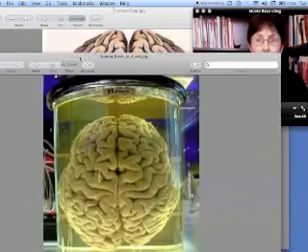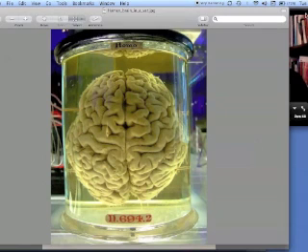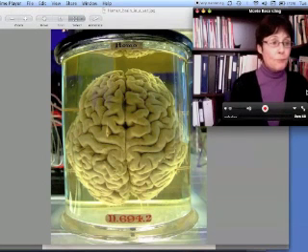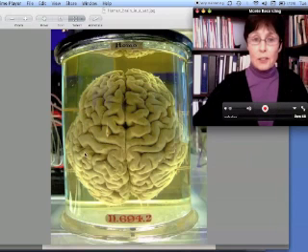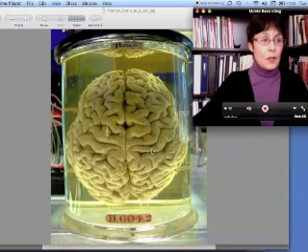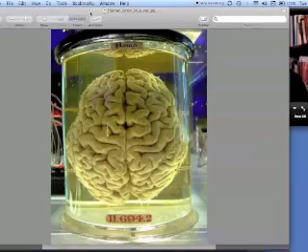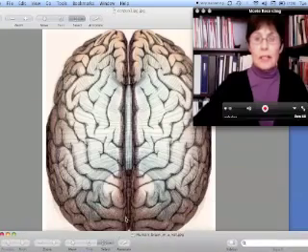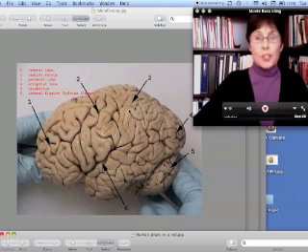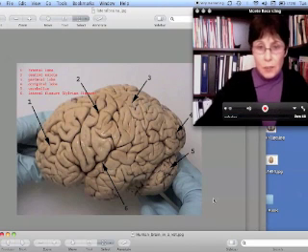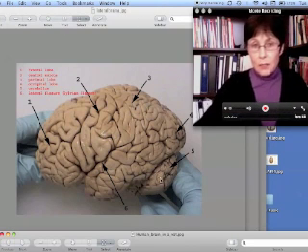Let's get back to that brain in a vat. The important parts of the cortex are defined by the folds on its surface, of which there are two types. I want to show you the folds on the surface here. We see this is looking at the brain from the left side, and this is the cerebellum down here.